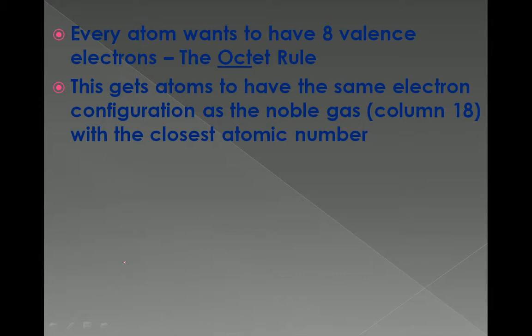And if you think of a chemical reaction as doing work, atoms want to avoid that if possible. They're lazy. So if an atom can get its electron configuration like a noble gas, all of its energy levels will be full, and it's going to react less. It'll have lower energy, is what we in chemistry say.